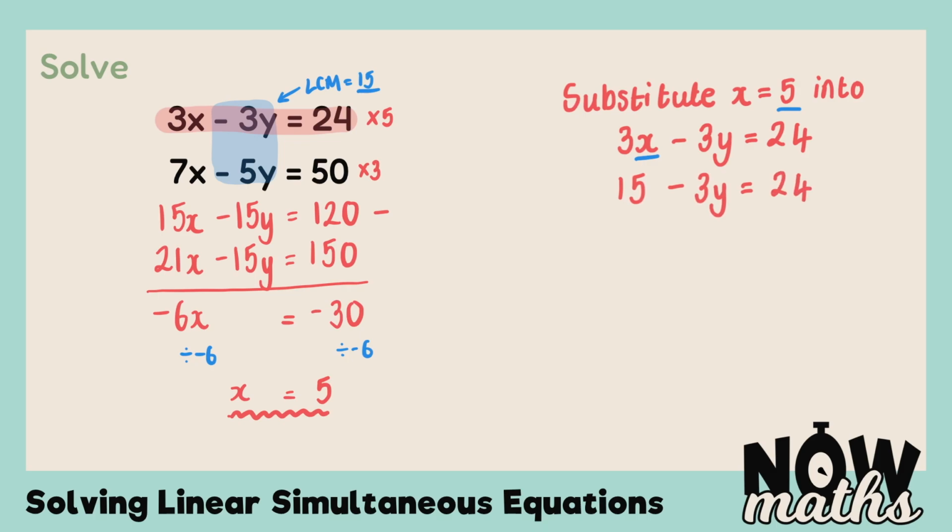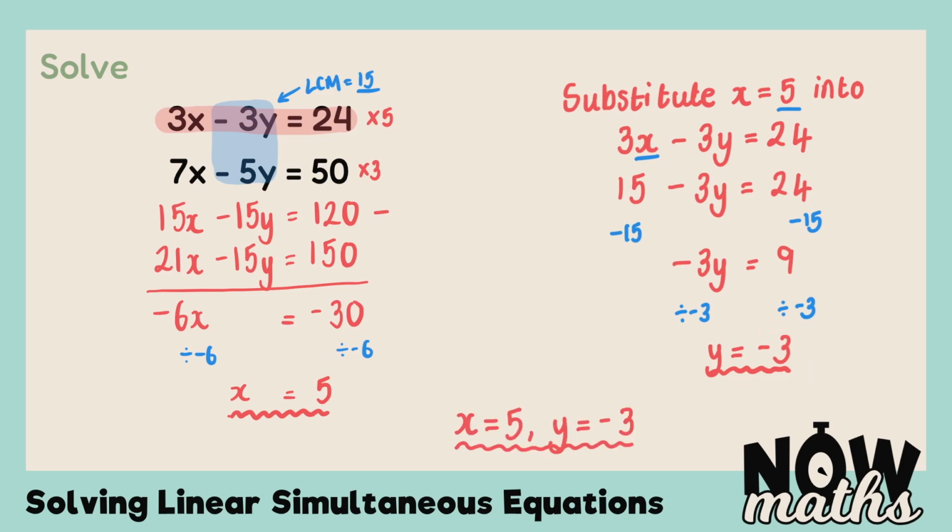And then solving, we subtract our positive 15 from both sides to give us negative 3y on the left and 9 on the right. Then dividing by negative 3, we have y on the left, and 9 divided by negative 3 is negative 3 on the right. So our final answer is x equals 5 and y equals negative 3.